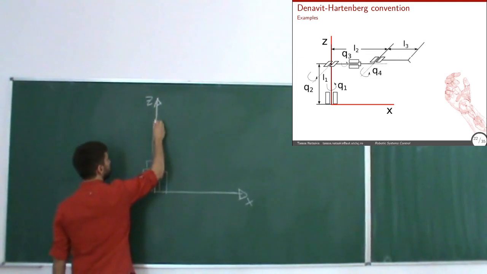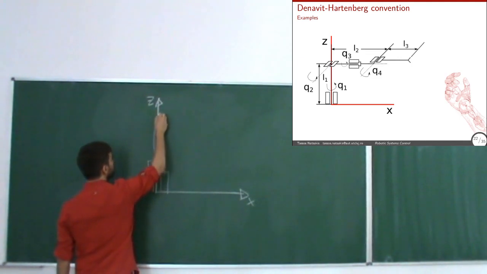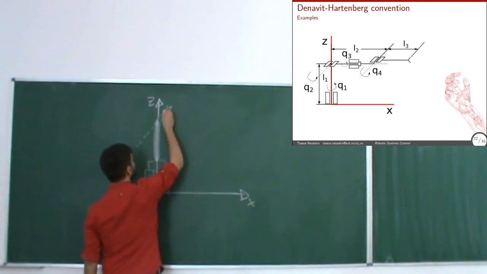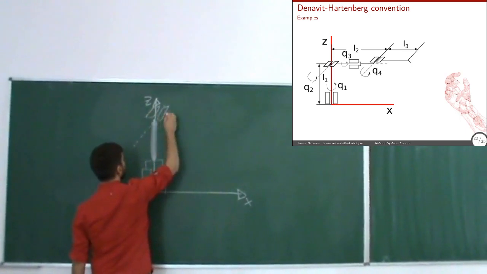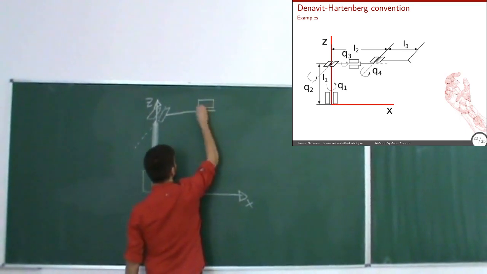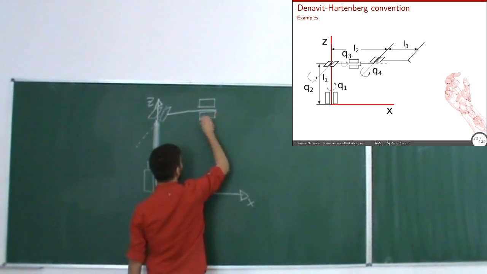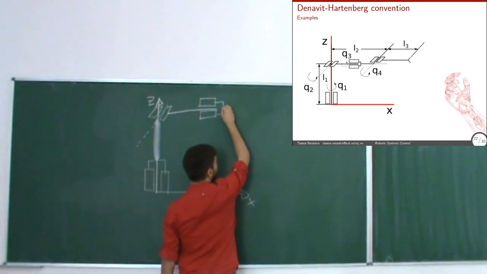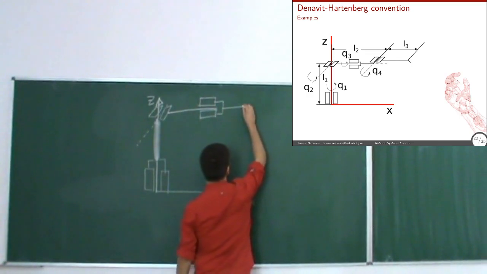Okay, then here I have another joint. Okay. Here I have another joint. And this joint. And then another one here.